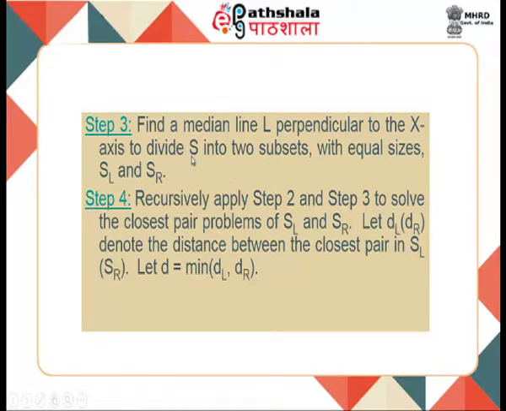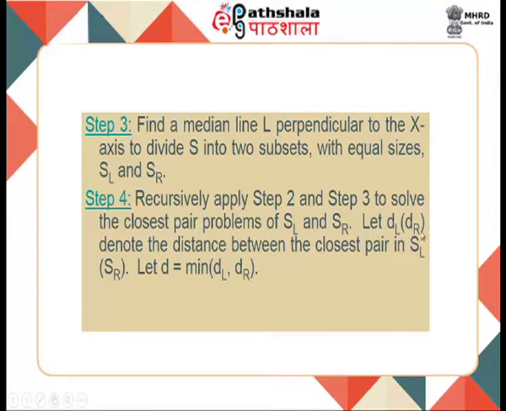Then we divide this set into two subsets of equal size, that is SL and SR. Then we recursively apply, so this is what the conquering strategy is all about. So, apply step 2 and step 3, so that we can find the closest pair of the sets SL and SR.